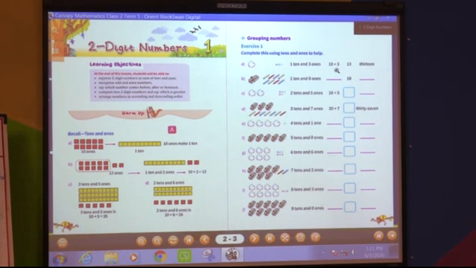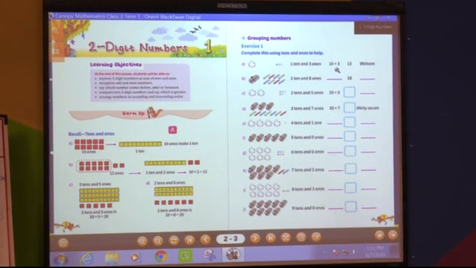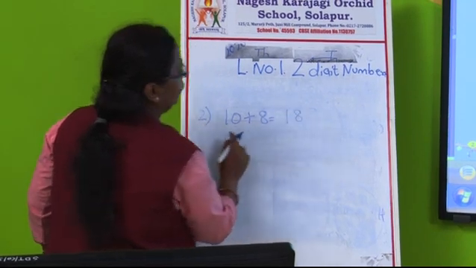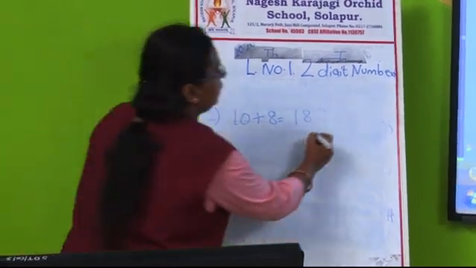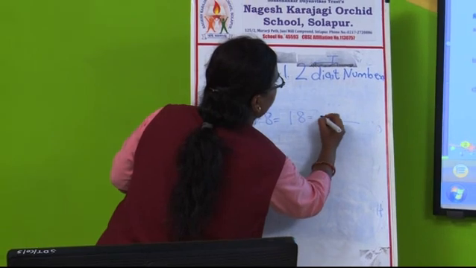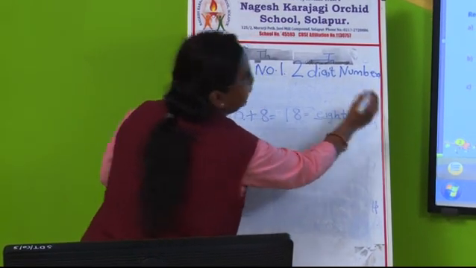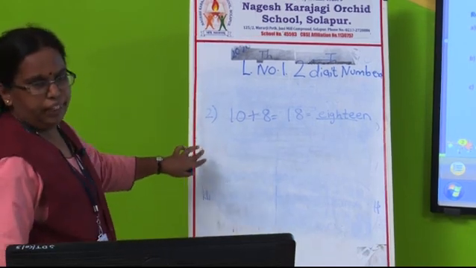So, you will write in this way. Second one is 10 plus 8 is equal to 18. Okay, in this way, second example, that is equal to 18. E-I-G-H-T-E-E-N. In this way, you can write 18.